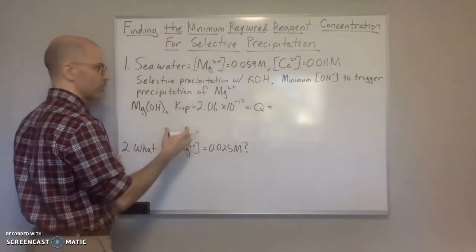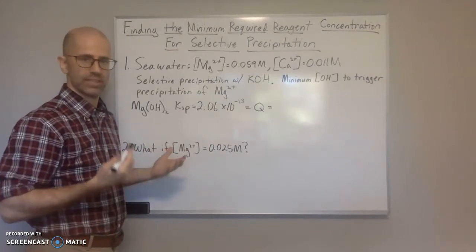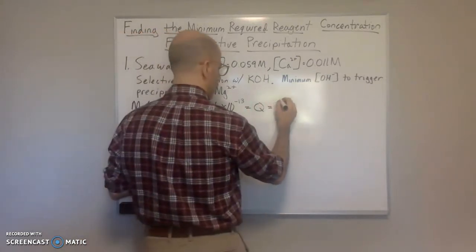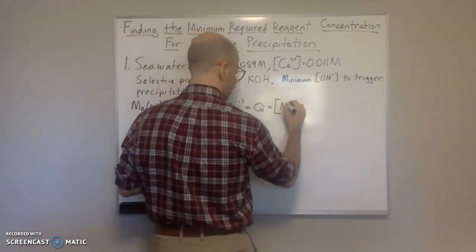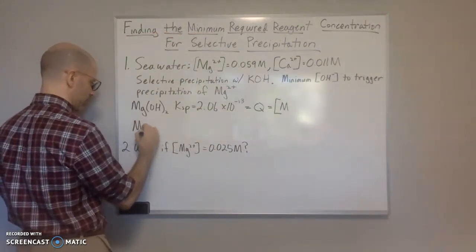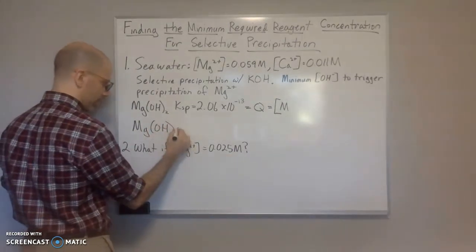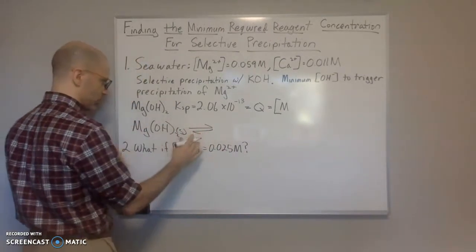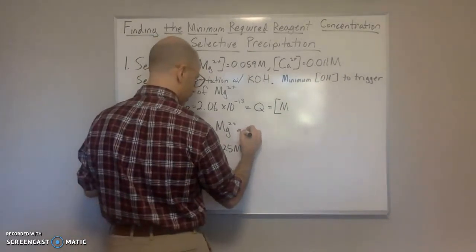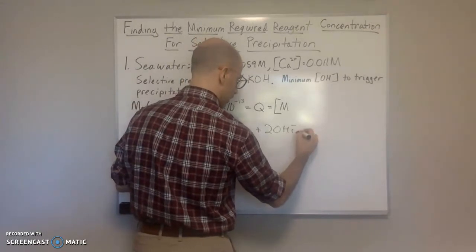And then your Q is the same expression as KSP. If you write the dissolution equation for magnesium hydroxide, it would be Mg(OH)2 solid dissolving into Mg2+ aqueous plus 2 OH minus aqueous.